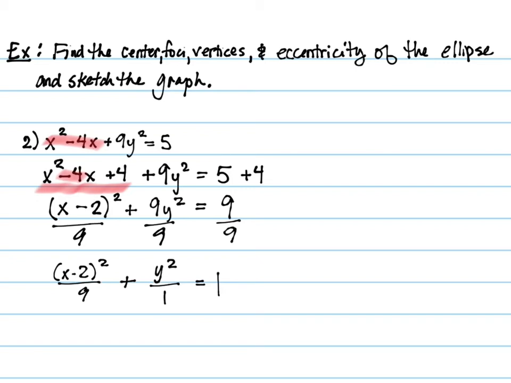Okay, let's start with the center. What is the center of this one? 2, 0, you got it. So there's no number grouping with the y, so it's an understood 0, so it is 2, 0. What is my major axis?